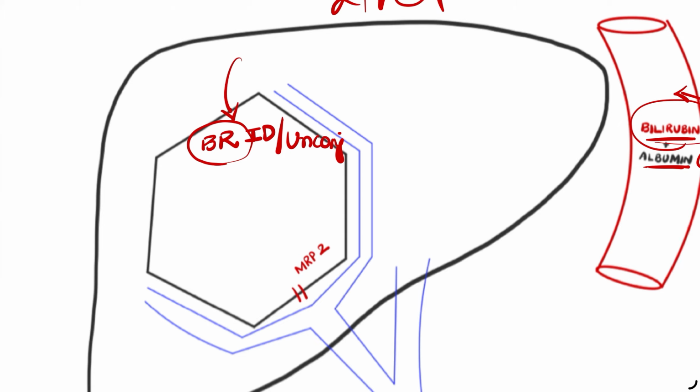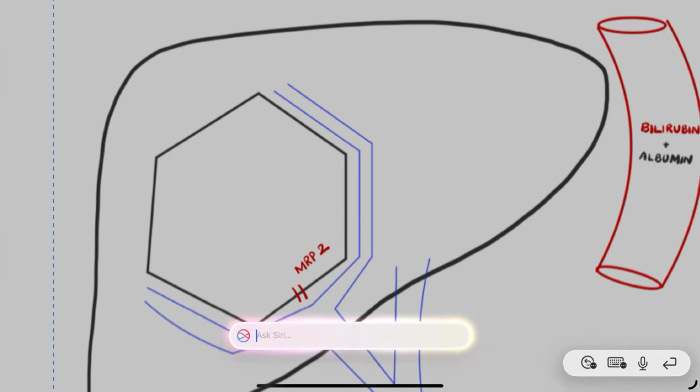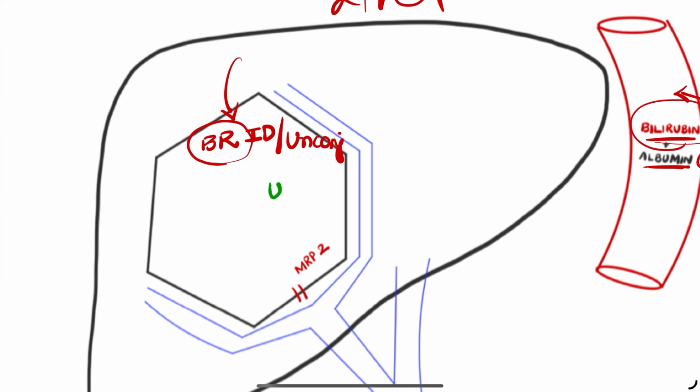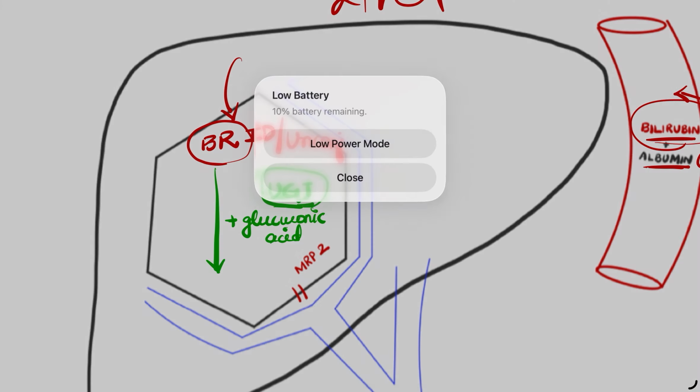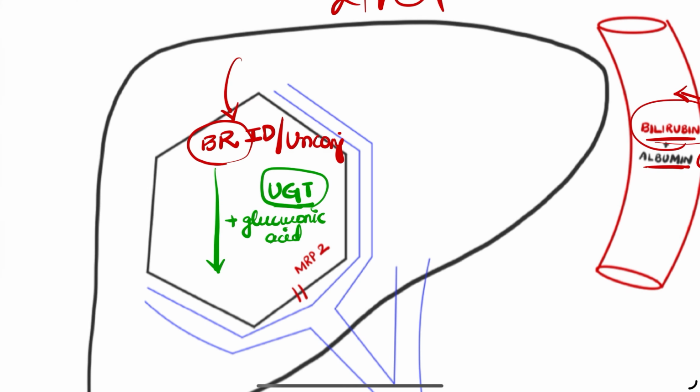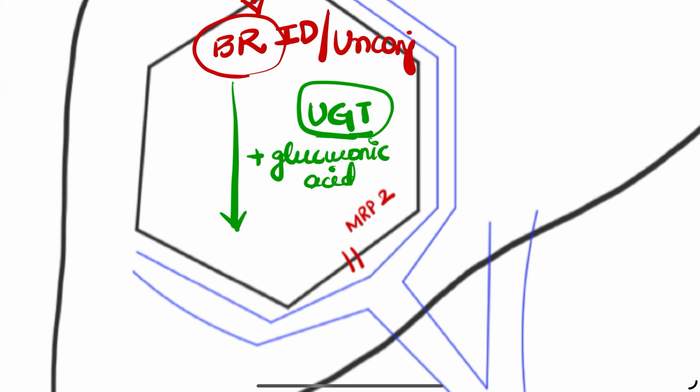Inside the hepatocyte, there is an enzyme called UGT, UDP glucuronyl transferase. The function of UGT is to add glucuronic acid to this indirect bilirubin and convert it into conjugated, or the direct bilirubin.